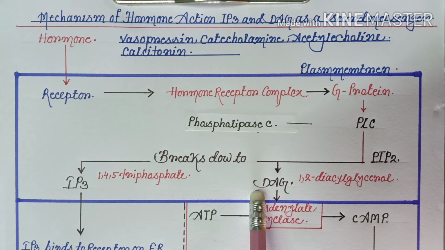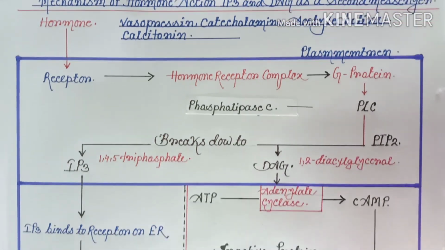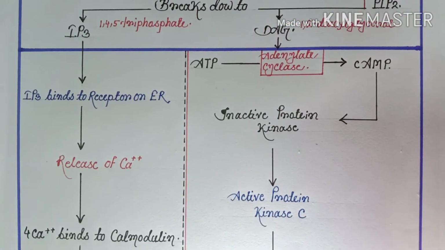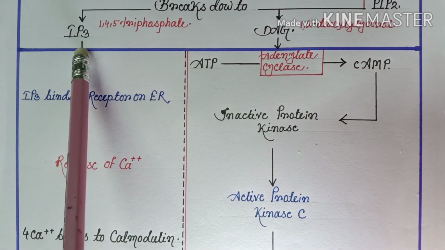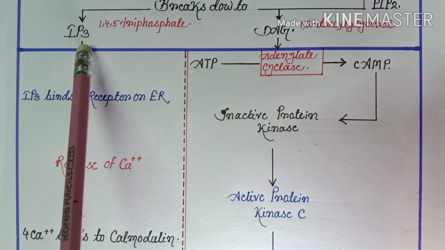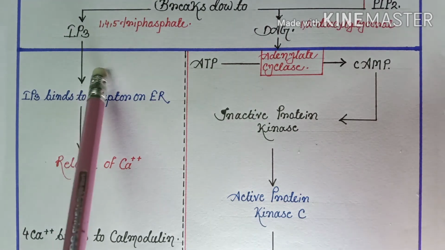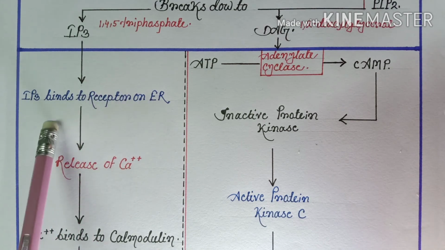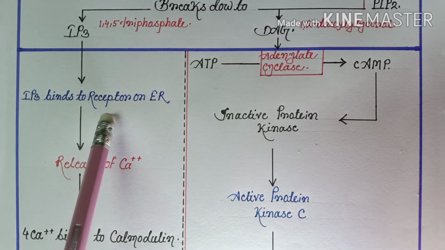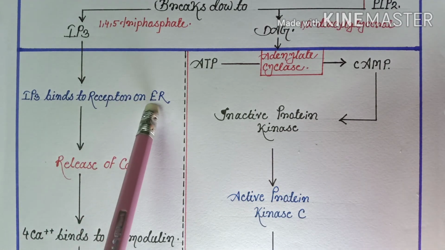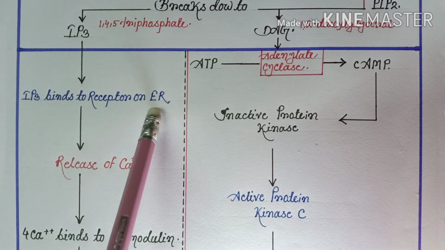At first I will discuss the pathway through IP3 and then the DAG. Now look, at first from the cell membrane, the IP3 is transported into the cell cytoplasm. Here, as we know, in the cytoplasm the endoplasmic reticulum is present, and on the endoplasmic reticulum the IP3 receptor is also present.